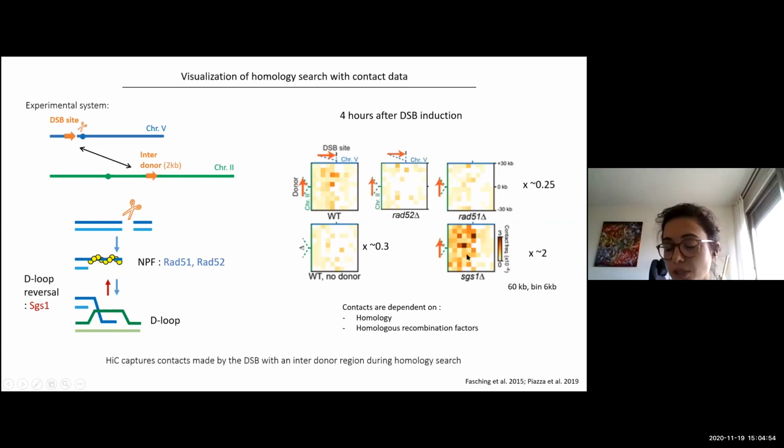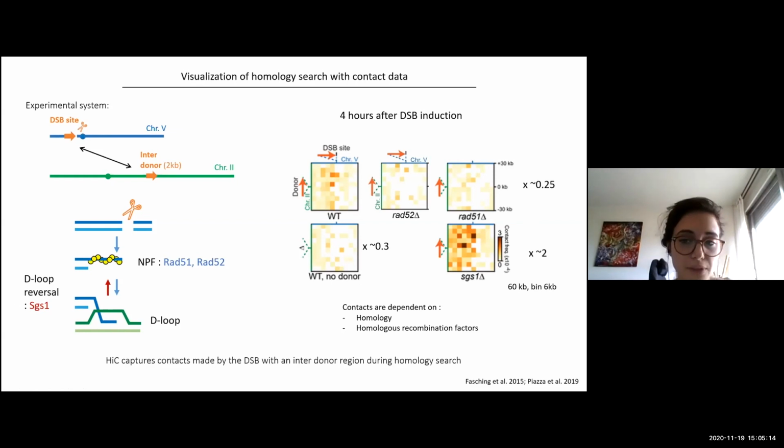And in the absence of Sgs1, we observe a 2-fold increase of the contact made by the break and its homologous donor. So they are dependent on homology and homologous recombination factors. We conclude that we can capture contacts made by the double-strand break and its inter-homologous donor region during homology search.